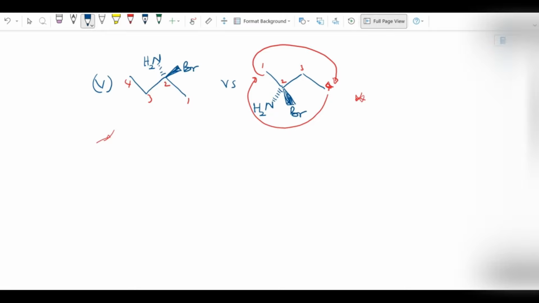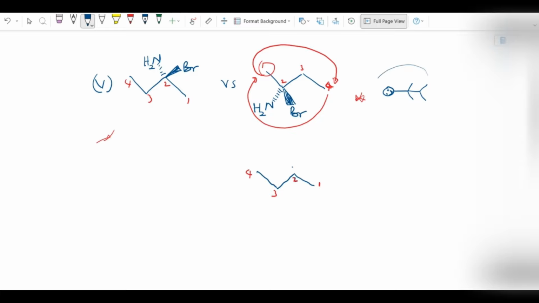If we do that, group 4 will now be here. Group 1 will now be here. So the substituents are on carbon 2. Let's finish numbering this. Whenever you rotate like this, stereochemistry will remain the same. And the idea is, let's say this young man is lying down.